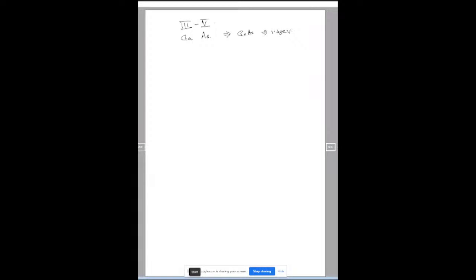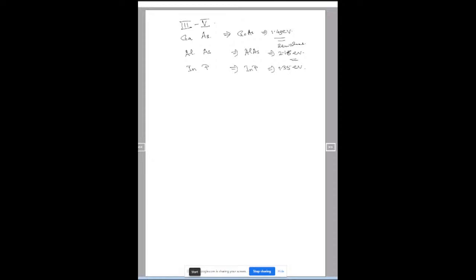So this is a semiconductor. Like you can have aluminium from group 3, arsenic from group 5, and it makes aluminium arsenide, which has a band gap of 2.16 electron volt. It's another semiconductor, right? You can have indium from this group and phosphorus from this group. You get indium phosphide, which has got band gap of 1.35 electron volt, right?